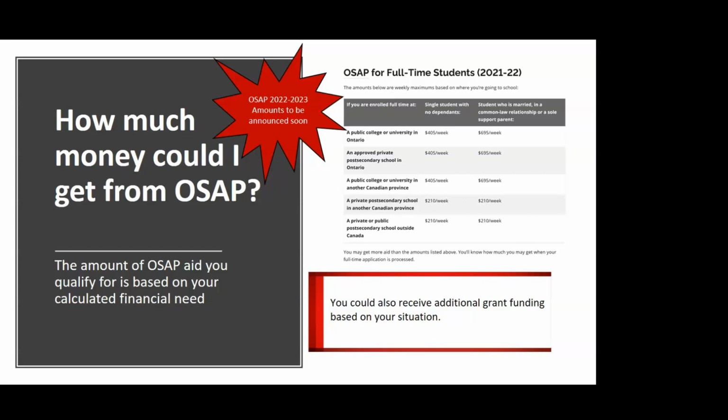If you're in a private school for post-secondary in Ontario, it's $405. And it's basically $405 for a public college or university in another Canadian province as well. You could also receive additional grant funding based on your situation.